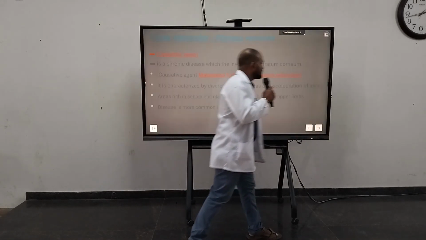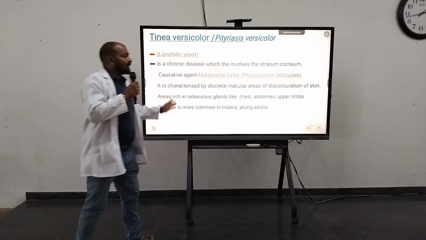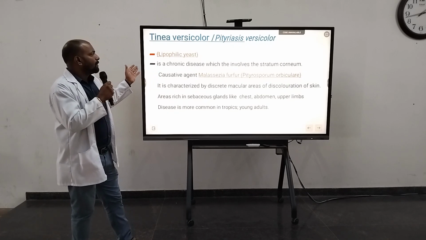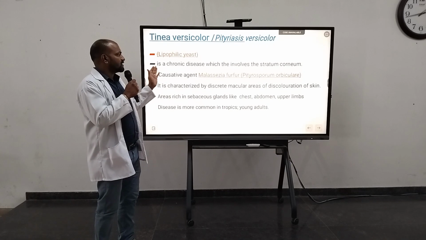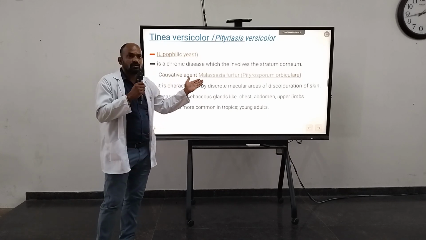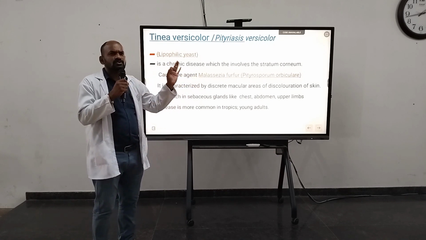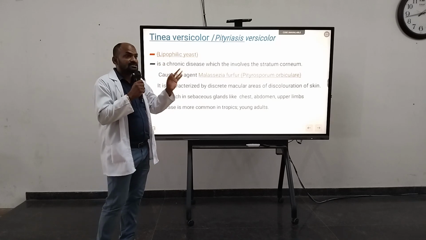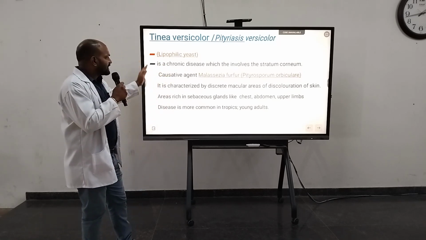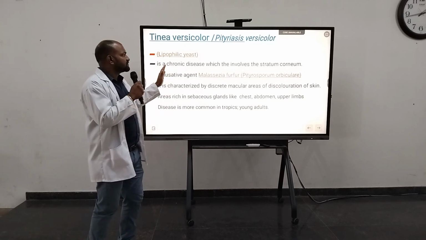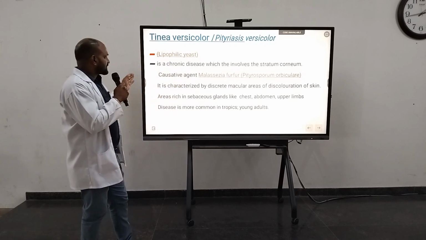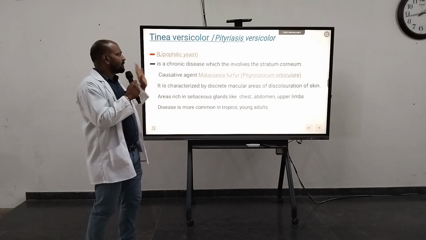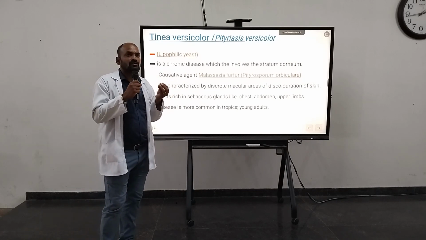The first one is Tinea versicolor. The name of the fungus is Malassezia furfur, now also called Pityrosporum orbiculare, which is exclusively a lipophilic yeast group of fungi. It mainly causes a chronic infection involving the stratum corneum of the skin, characterized by discrete macular areas of discoloration of the skin.